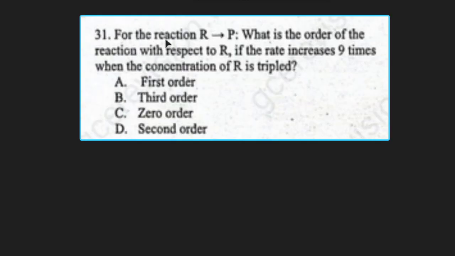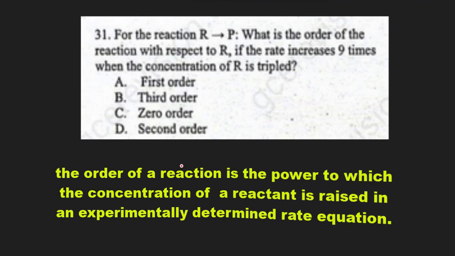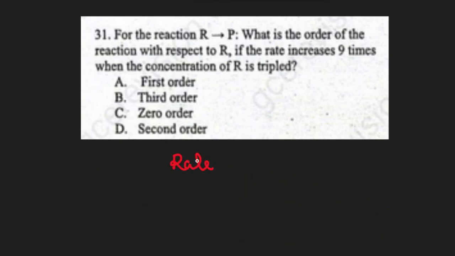Question 31. For the reaction R going to give P, what is the order of the reaction with respect to R if the rate increases 9 times when the concentration of R is tripled? The order of a reaction is simply the power to which concentration is raised.